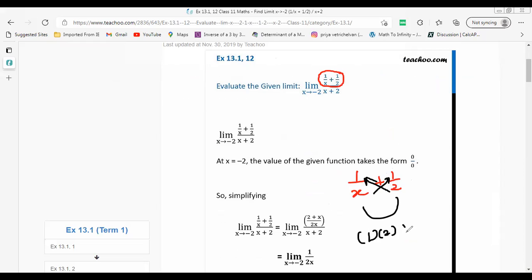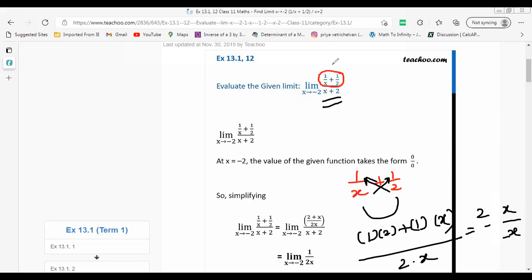So it's going to be 1 into 2 plus 1 into x upon 2 into x. So it will be 2 plus x upon 2x. So that will be the simplification of the numerator. In the denominator, you do have the expression x plus 2. You just keep that x plus 2 as it is, right?